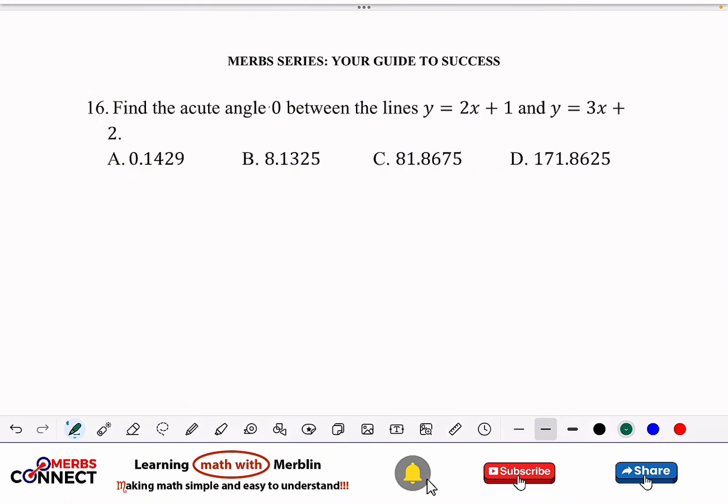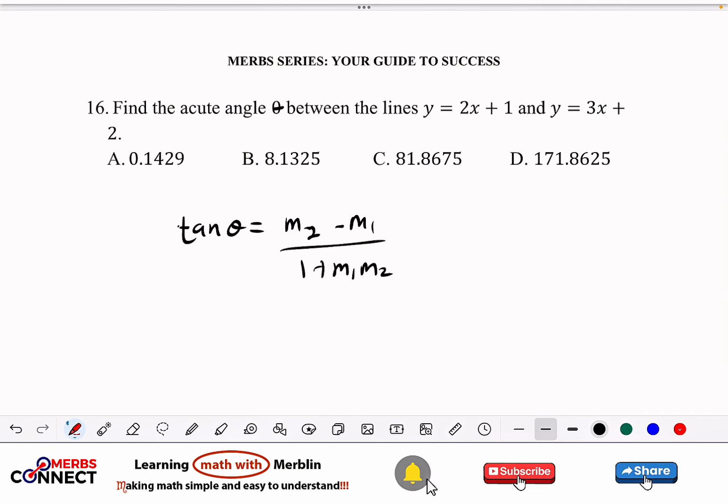Find the angle between the lines. This one is supposed to be theta. Find the angle theta. Remember that the formula for this one is m2 minus m1 divided by 1 plus m1 m2.